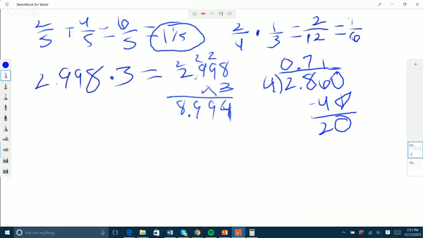Four and 20 is 5. And look, no remainder. Now if there ever is going to be a remainder, you add it up to the decimal place. Or you can put an R and the remaining number on there. Doesn't really matter. No big deal. Unless the teacher tells you specifically what you need to do.